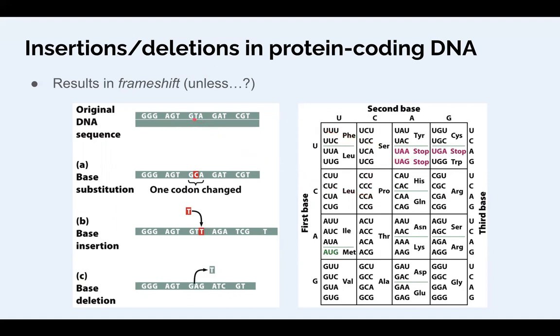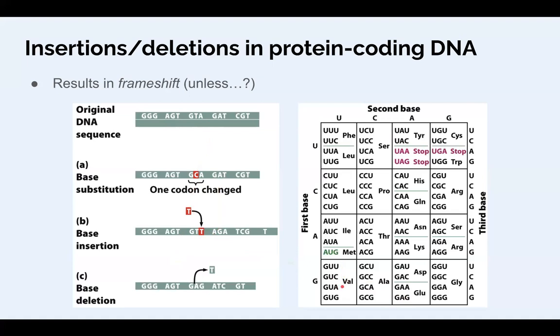So the original codon was GTA, which would become GUA. That one is valine here. Let's see, base substitution. We'll skip that one. Base insertion gets us GTT. GTA becomes GTT. GUA, GUU.